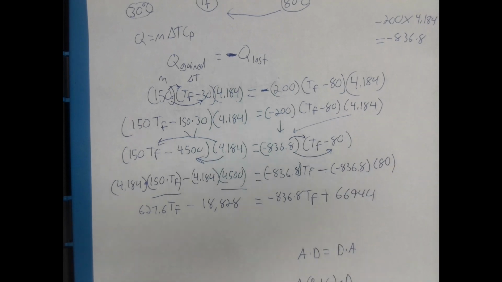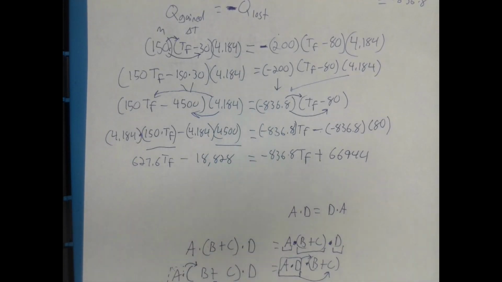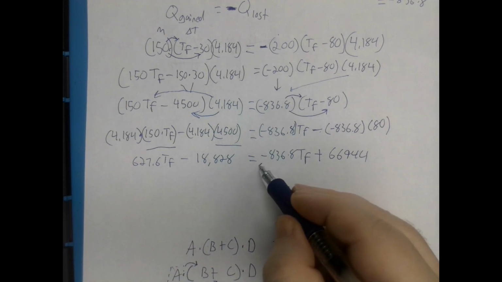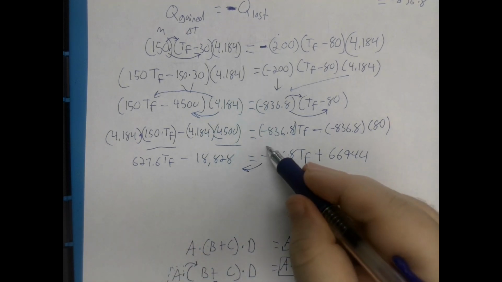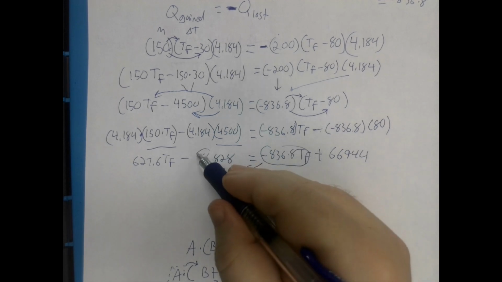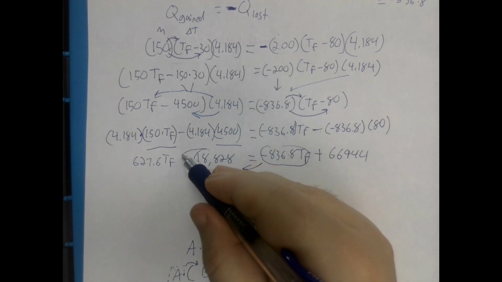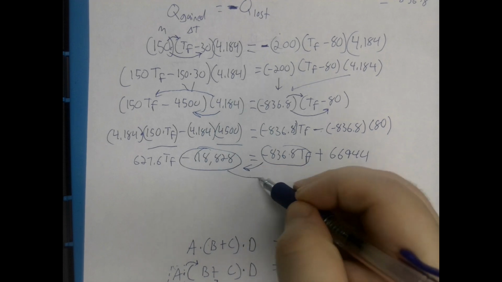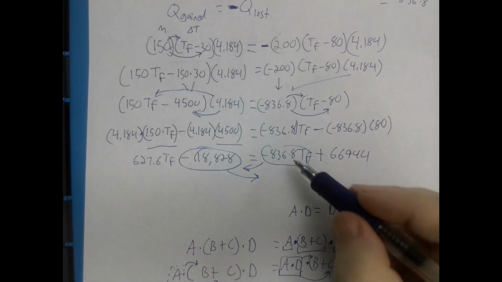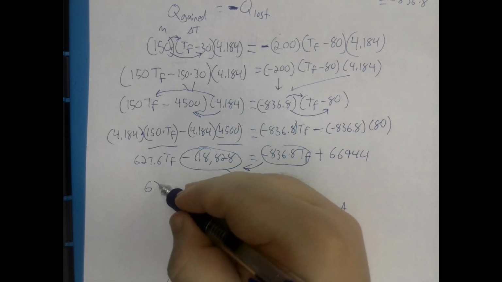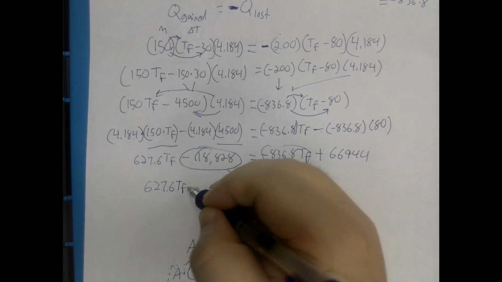And now we're down to the last equation. We need to get all the TFs to the same side, so we move this over to the left, and we move this minus over to the right. So moving this over, we get 627.6 TF.